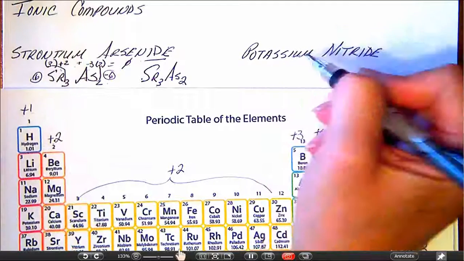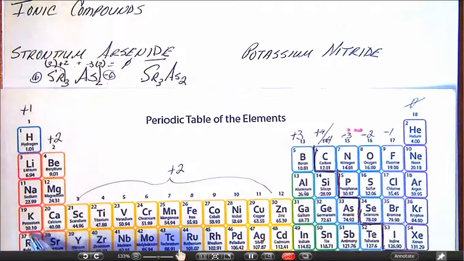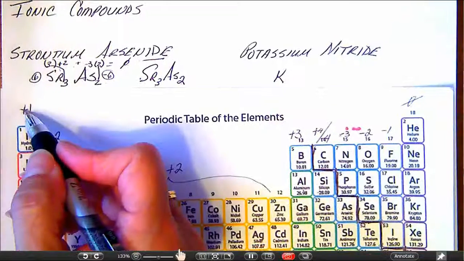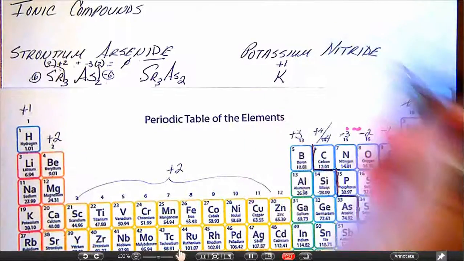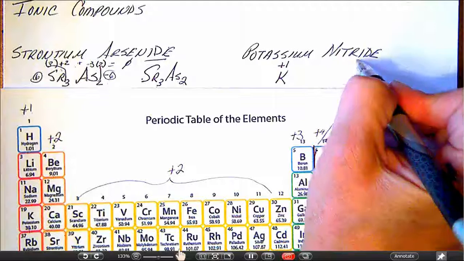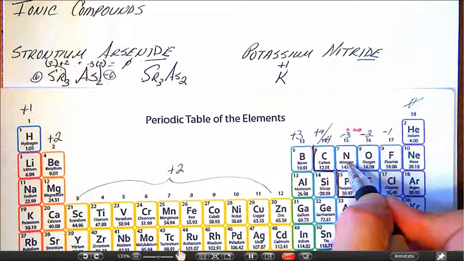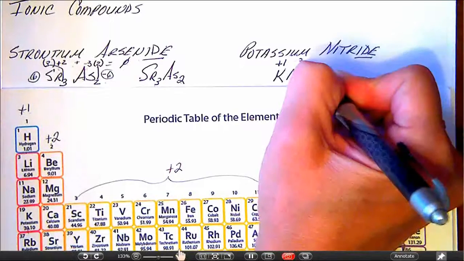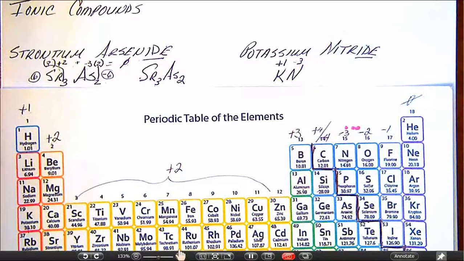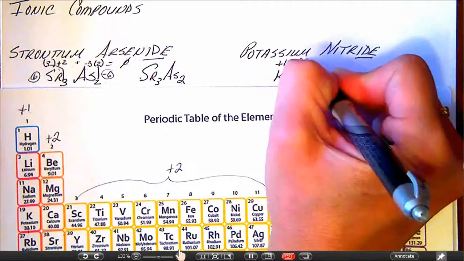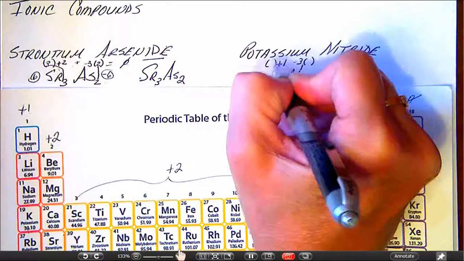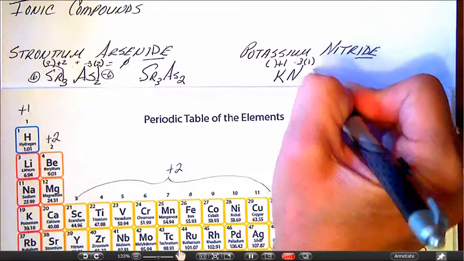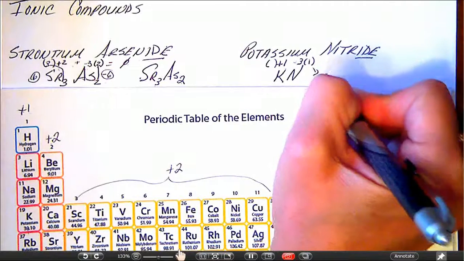Potassium nitride. Potassium, way over here, K, in the column with the +1 oxidation number. Nitride, so we're looking for nitrogen, -3. And again, we're going to have to add some atoms. So I'll put this right here, put that right there. If you did 3 times 1, you're going to get a -3.